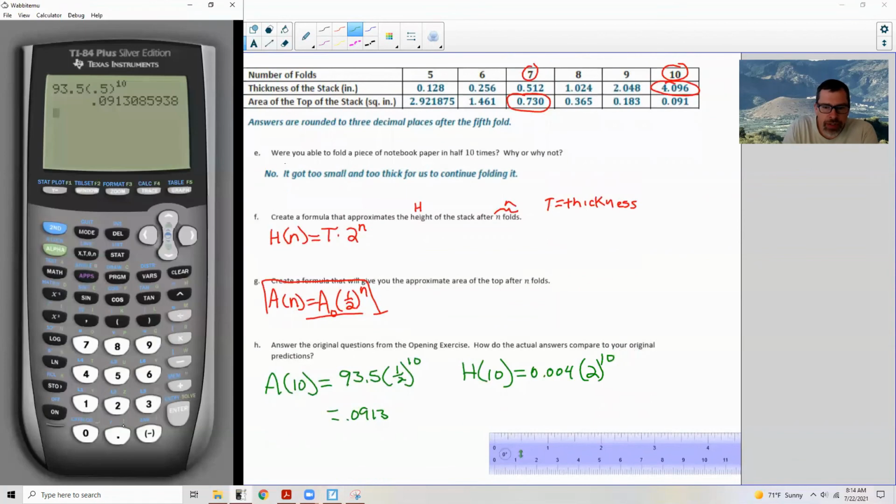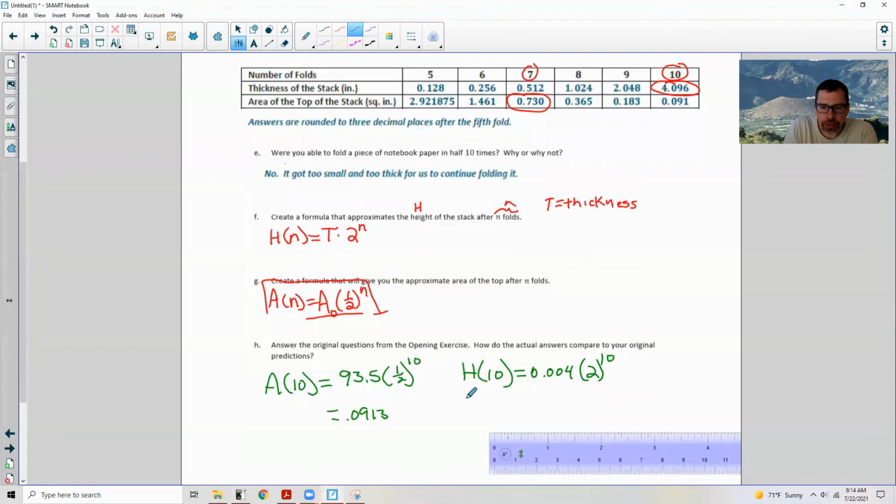So if I put that in my calculator, 0.004 parentheses 2 to the 10th, the thickness would be 4.096. The height, inches, 4 inches thick. Okay, so that would be from here to here.